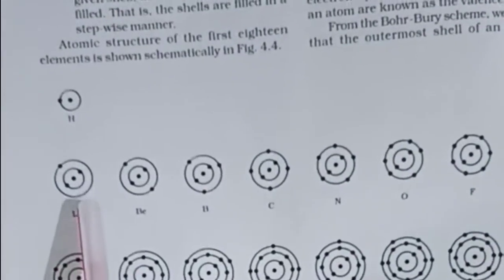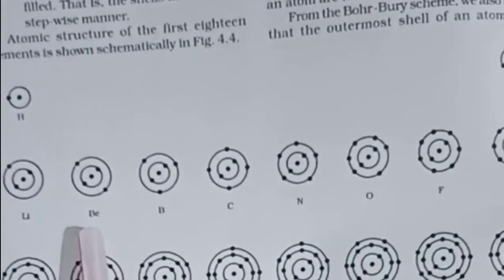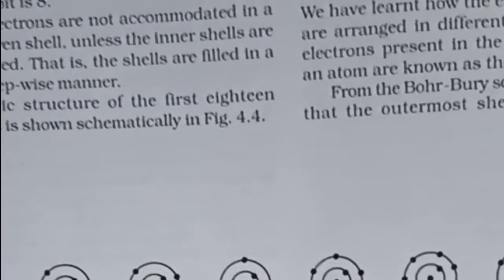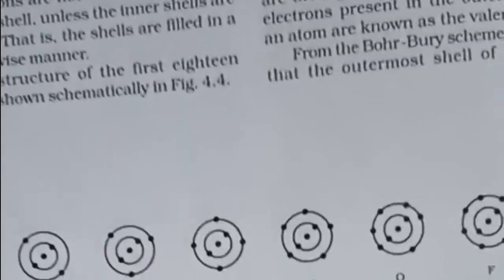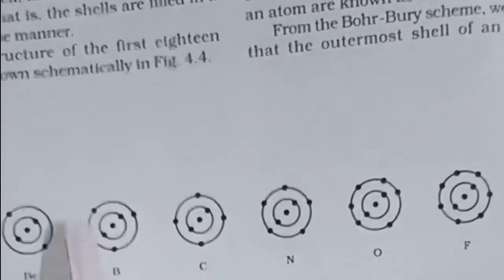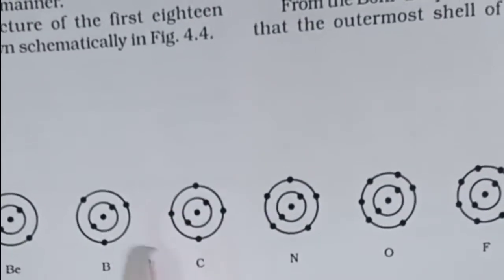Then lithium, first orbit 2 electrons, next one 1. Beryllium, first orbit 2, the next one 2. Similarly boron, first orbit 2 and the next one 3. Then carbon, first orbit 2 electrons, next one 4.